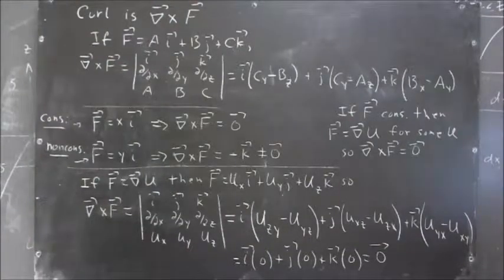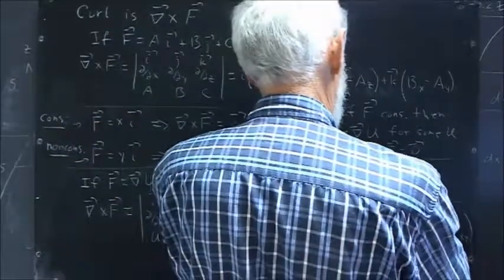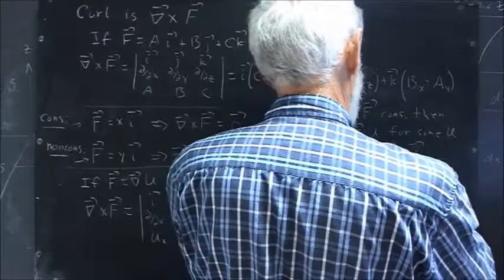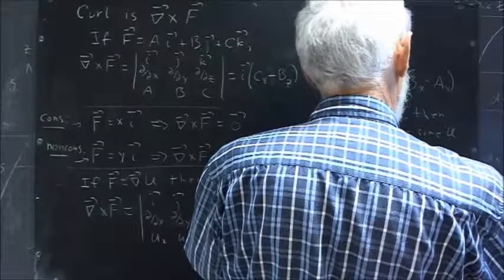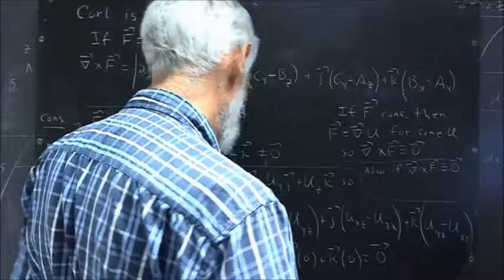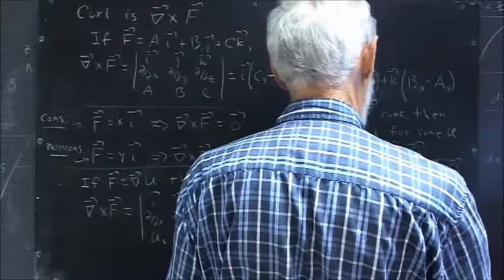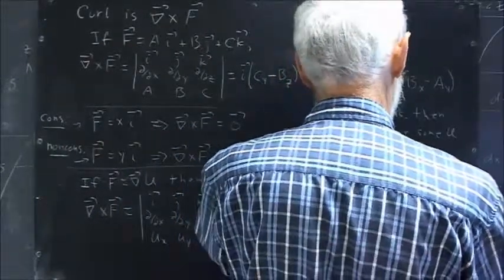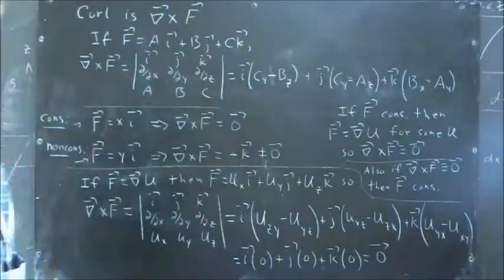The converse also holds, but I'm going to give a hand-waving argument for that. So I can say also, if del cross F is identically equal to 0, equal to 0 for any value of x, y, z, then F is conservative.